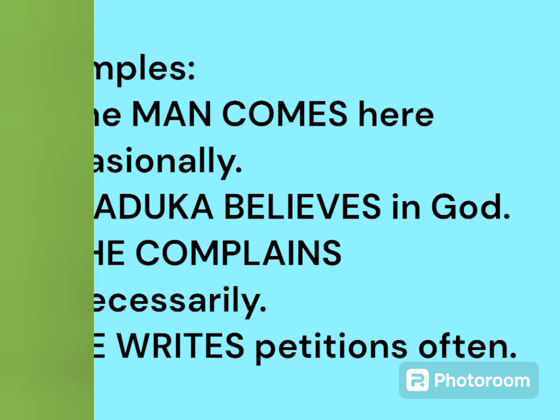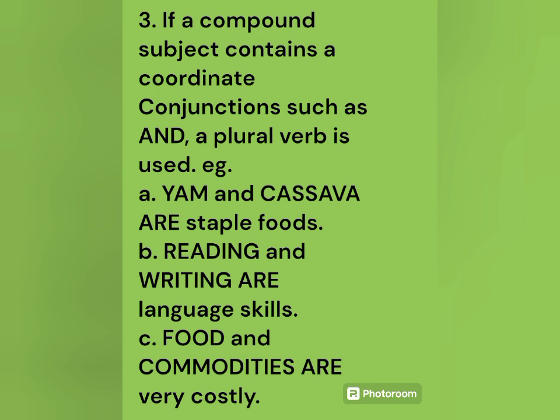And the third rule says if a compound subject contains a coordinate conjunction such as and, a plural verb is used. A compound sentence put together with and, it goes with a plural verb. Examples are sentences like yam and cassava are staple foods.